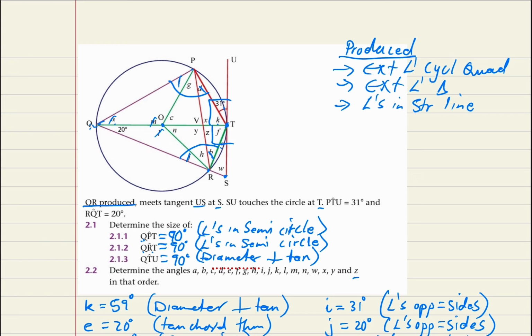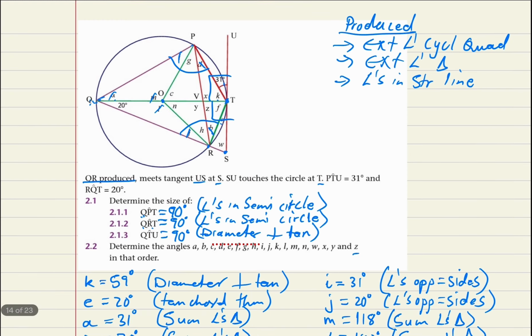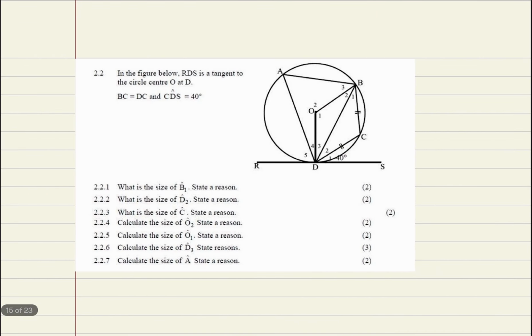Okay, now I know it took time, but we are getting there. Okay, now let's go to this one. We are trying to digest finding angles because we need to find them. In the figure below, this is a tangent to a circle at center O. Okay, this and these are equal.